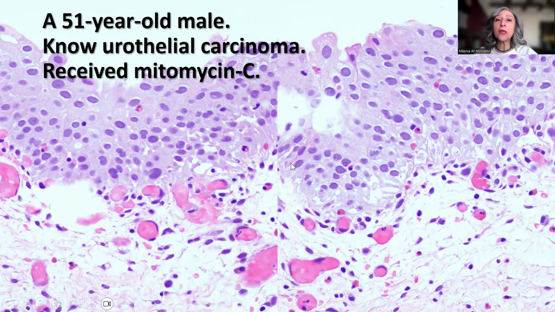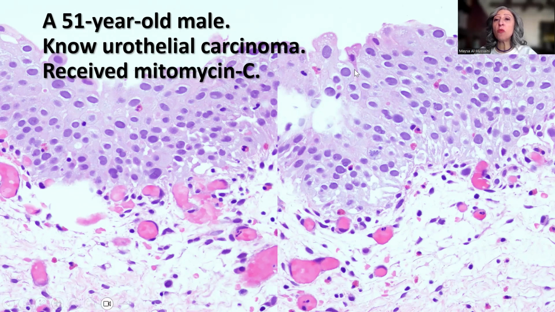And the first thing that would come to mind once you see this on low power or intermediate power magnification is: is this dysplasia, is this carcinoma in situ, because there is variation in the nuclear size and appearance.